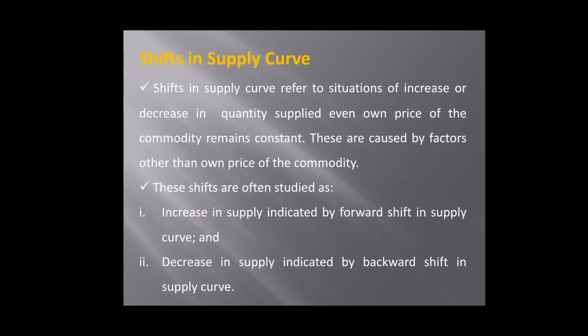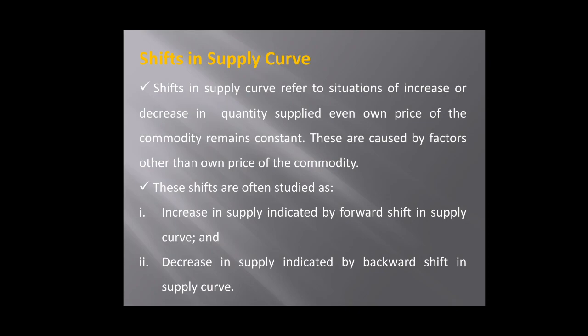Now coming to shifts in supply curve. Dear students, when supply of a commodity changes not due to change in own price of the commodity, but due to change in other factors or other determinants of supply, like due to change in technology, due to change in business expectations, due to change in government policy, etc., then this type of change is known as change in supply, and graphically it causes shifts in the entire supply curve.